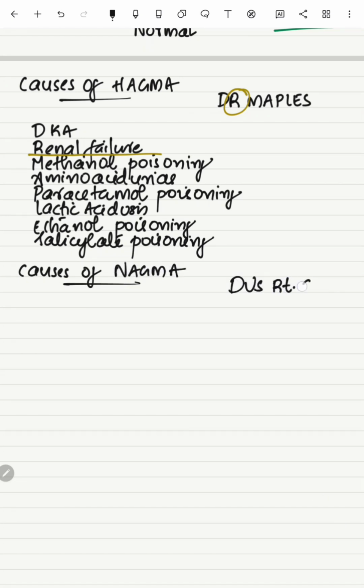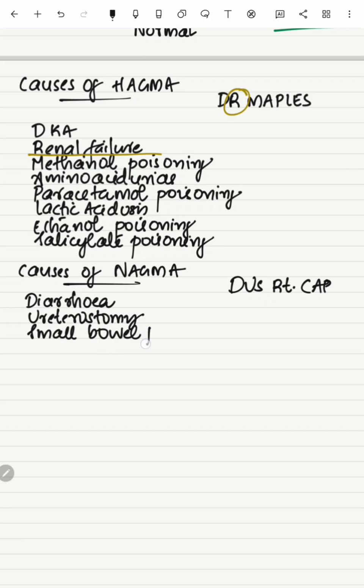Now the causes of NAGMA. Again we have a mnemonic, that is DUSRTCAP. D for diarrhea. U for ureterostomy. S is for small bowel fistula. RT together is renal tubular acidosis. C, carbonic anhydrase inhibitors.